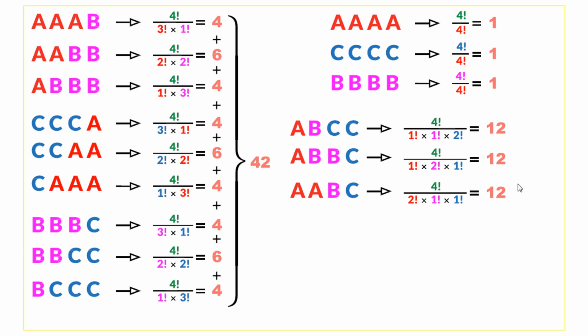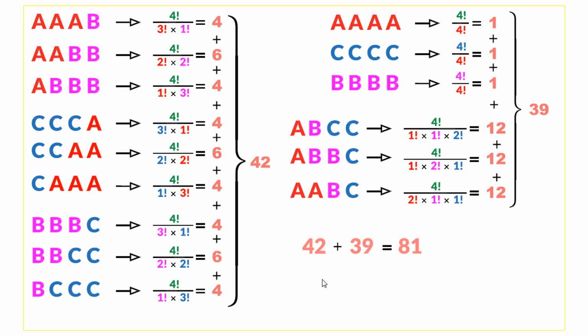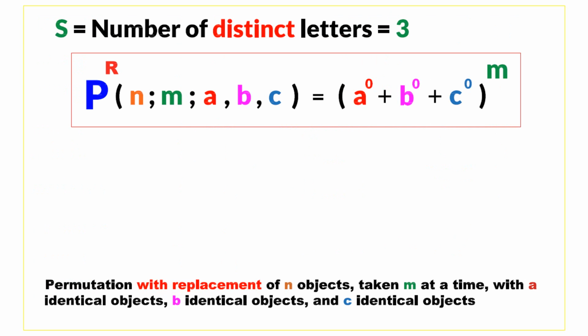We add this permutation together and we get 39. Now we add 42 plus 39 and we get 81. So what is 81? It is 3 to the power of 4. What is 3? 3 is the total number of distinct letters, and 4 is the size of the generated sequence, which is composed of 4 letters here.